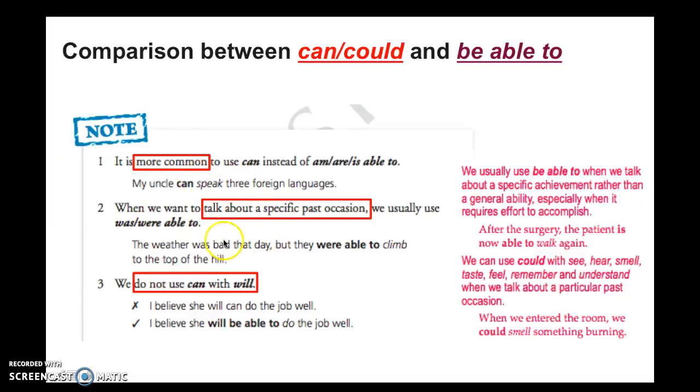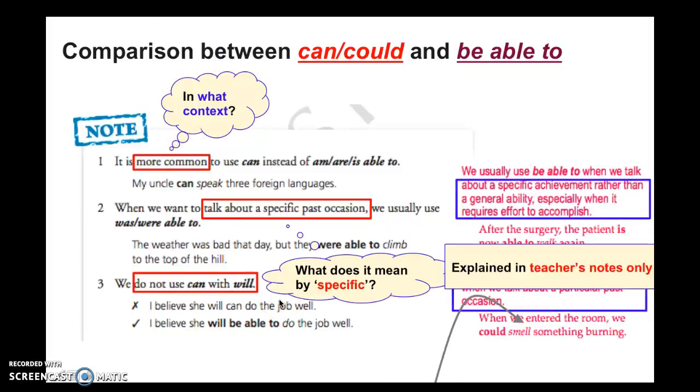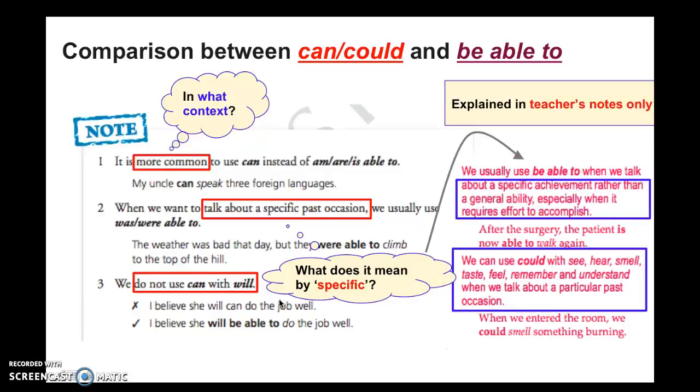It says it's more common to use can instead, and when we mention something specific on a past occasion, be able to is more preferred. So the question here is, in what situation is it more common?